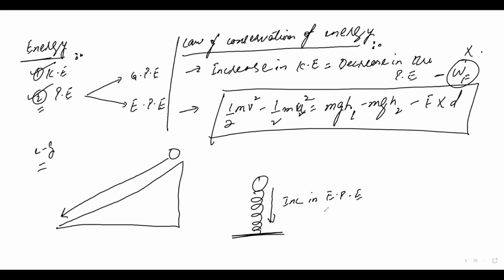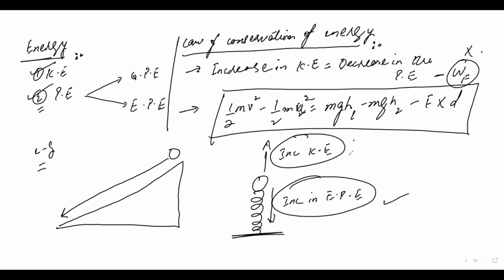And when you release the ball, it flies up, and that increases the kinetic energy. So sometimes we are talking about potential energy, but sometimes we are talking about elastic potential energy.